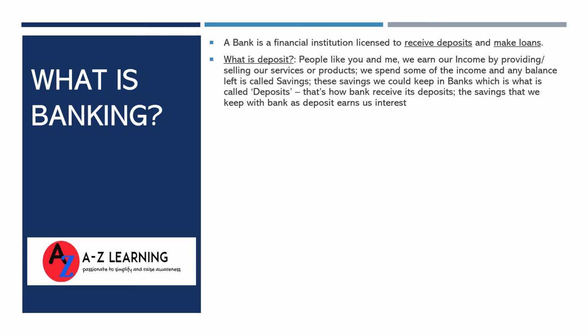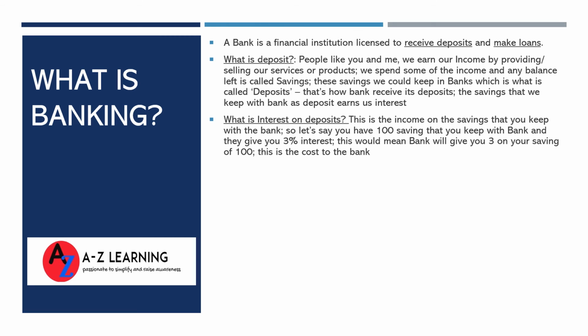So interest is your income, but it is the cost to the bank. So whatever money the bank is receiving as deposit, on that banks pay interest, and that is the cost of receiving those deposits for a bank. Okay, hope you have understood.